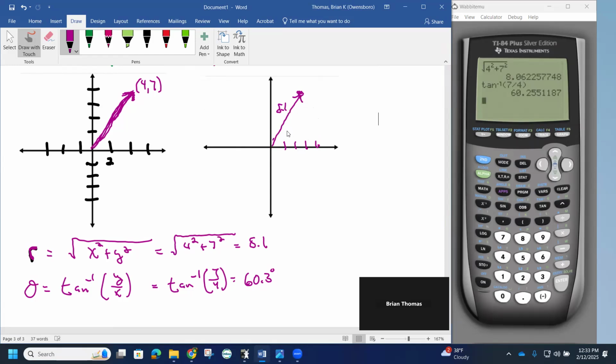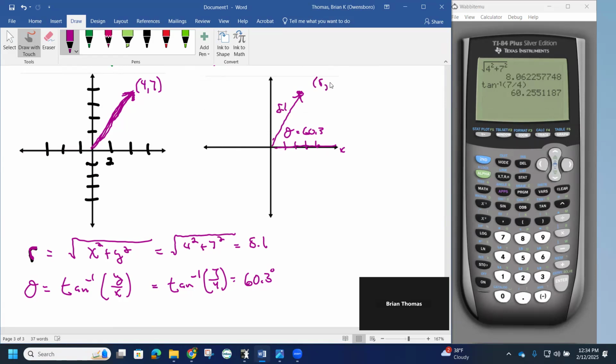And then theta is how far it rotated from standard position. Remember, the positive x-axis is standard position, so that would be 60.3. So by knowing how long the vector is and how much to rotate it, we create the location and direction of the vector. So there are two ways to locate a vector.